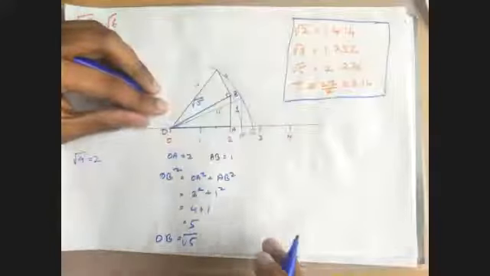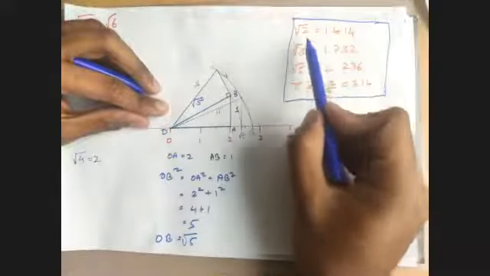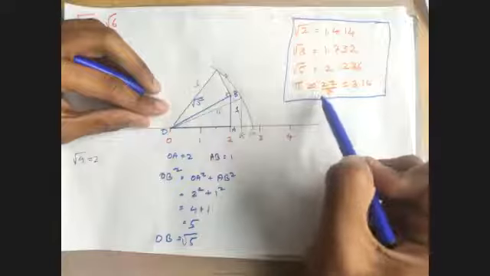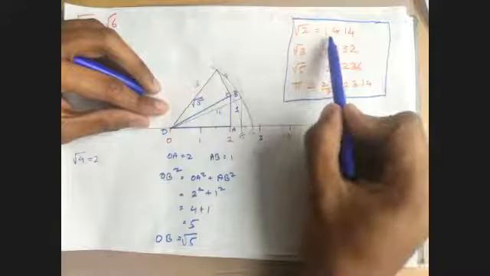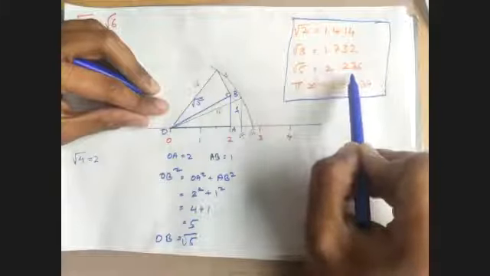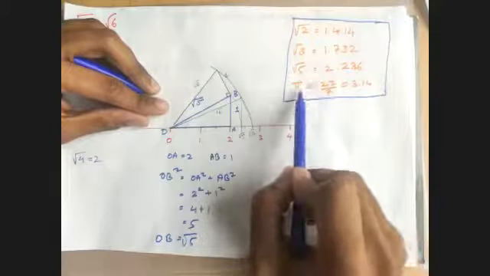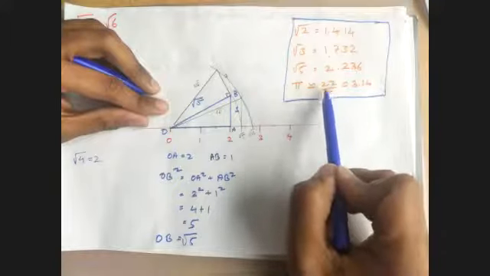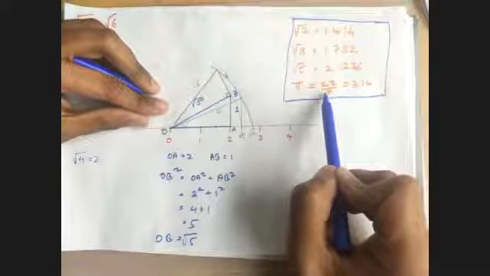Before we proceed any further, I request you to learn these values by heart, because we would be using these very frequently. Root 2 is 1.414, root 3 is 1.732, root 5 is 2.236, and pi value is approximately equal to 22 by 7. Pi cannot be represented in the form of 22 by 7.